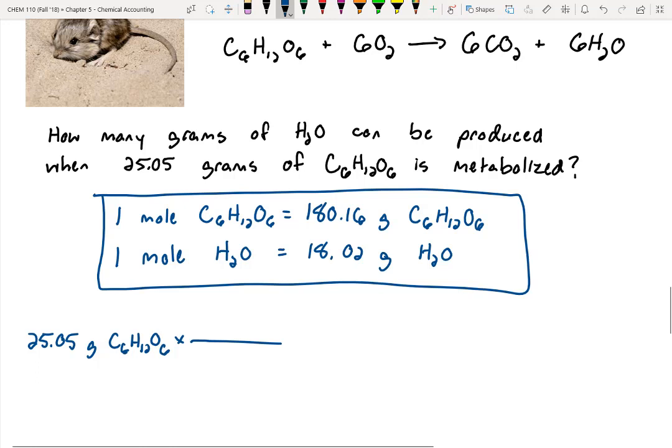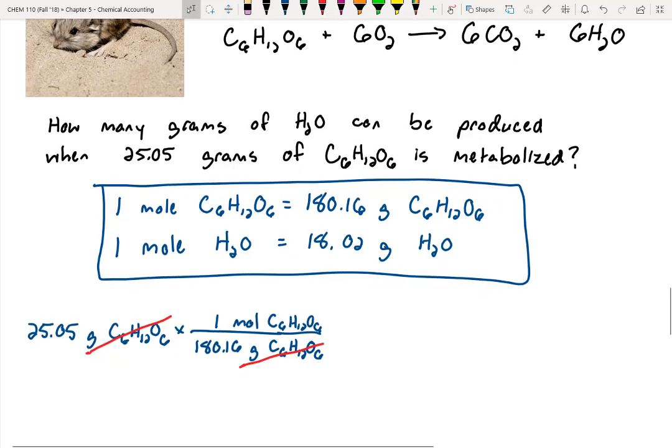And I said that there are 180.16 grams of C6H12O6 in every 1 mole of C6H12O6. So now we've gotten rid of our grams of glucose and we've converted to moles.